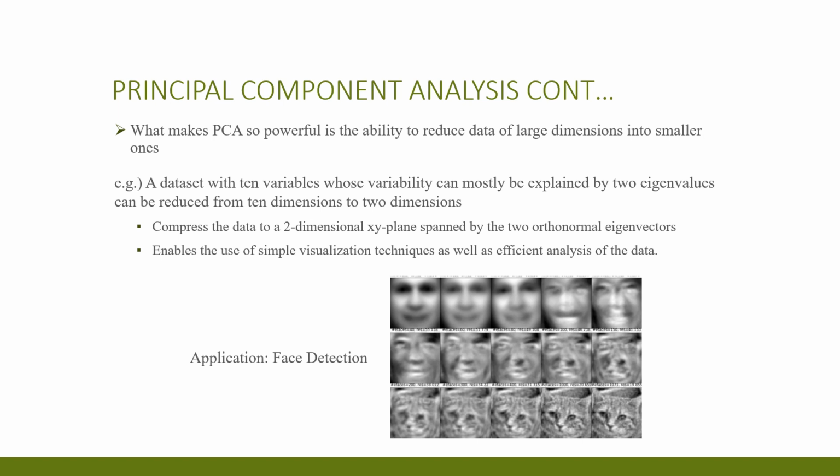Then a data set of, say, 10 variables whose variability can mostly be explained by two eigenvalues can be reduced from 10 dimensions to 2 dimensions. So it compresses the data to a two-dimensional xy plane spanned by the two orthonormal eigenvectors. And it really enables the use of simple visualization techniques as well as efficient analysis of the data.